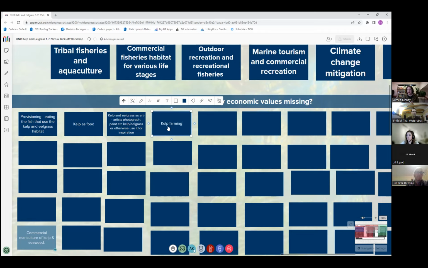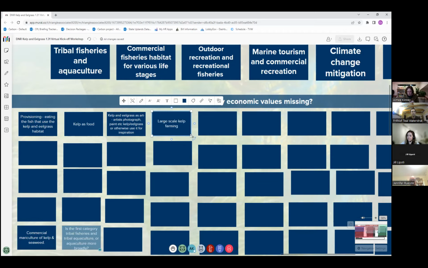So not just the idea of traditional gathering of kelp and small scale harvest of existing kelp, but it seems like some folks are at least talking about larger scale opportunities to develop an aquaculture type industry. And then I also just give a big thumbs up to the artist comment.